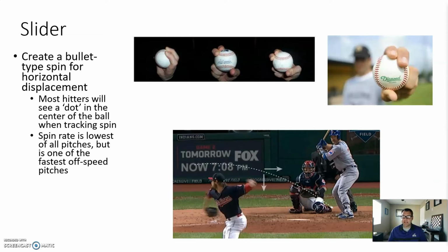Now, surprisingly, a slider actually has the slowest spin rate. Meaning when you actually throw a slider, the amount of spin you get on the ball is actually the lowest out of all of your pitches. But it has a much faster velocity than many of your other off-speed pitches, and it's all because of the spin. The circular spin, or the bullet spin, reduces drag.